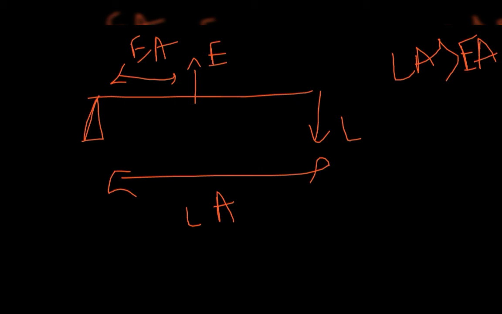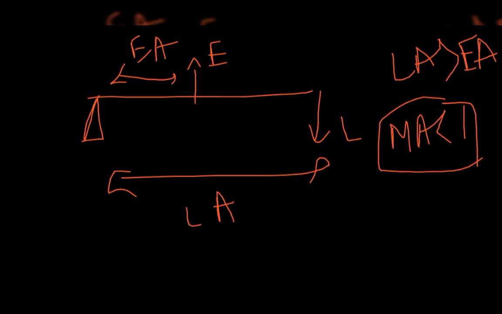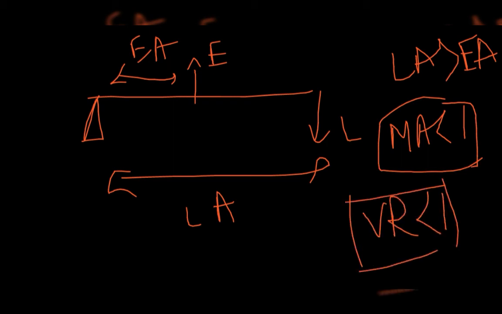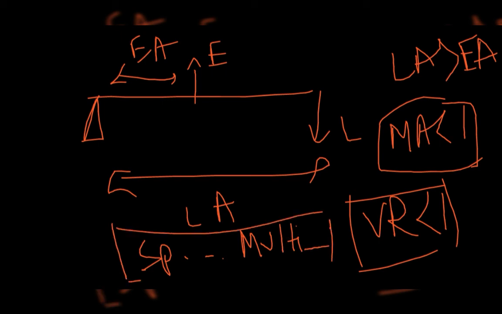That means MA is less than 1, that means VR is less than 1. So what can we say? They are speed multipliers. MA less than 1, VR less than 1, and we have done. Nothing else is there.